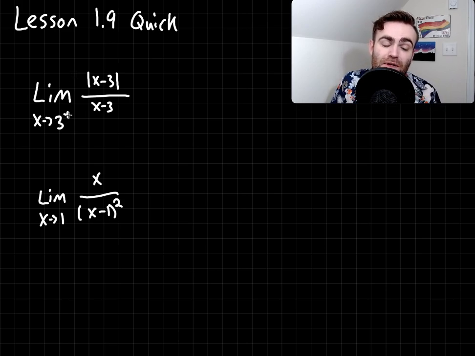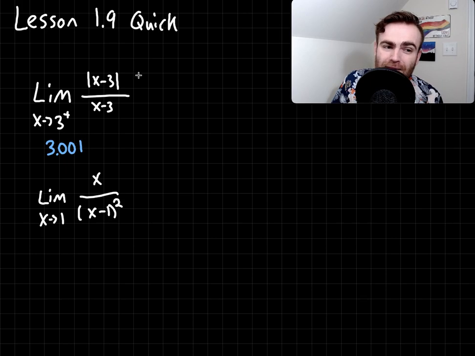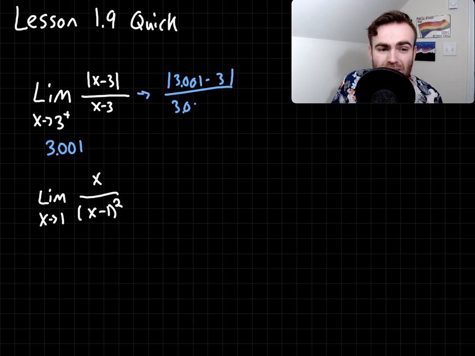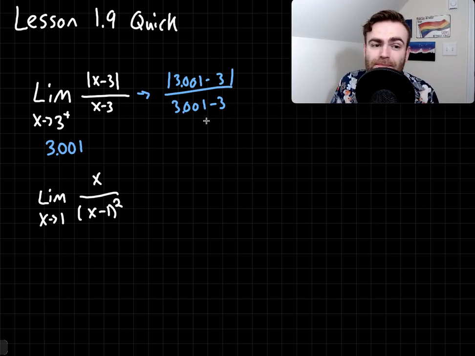So if I'm looking at the right-hand side of 3, I'm going to use 3.001 as a really close approximator for this. If I directly substitute in 3.001, I'll get the absolute value of 3.001 minus 3, over 3.001 minus 3 outside of the absolute value.